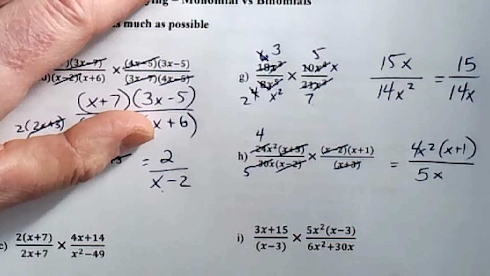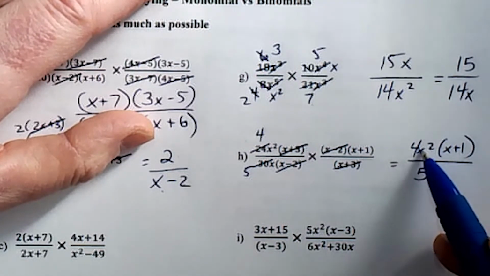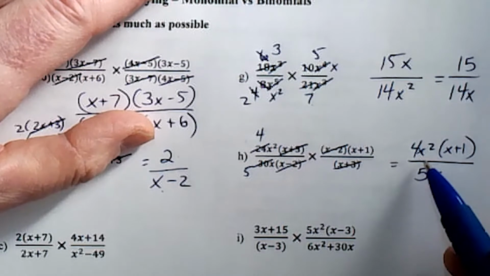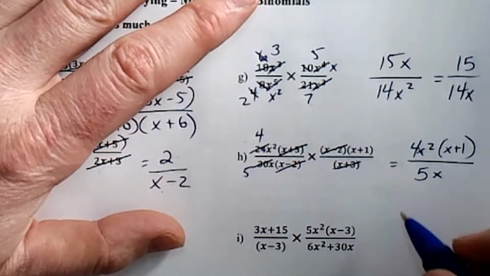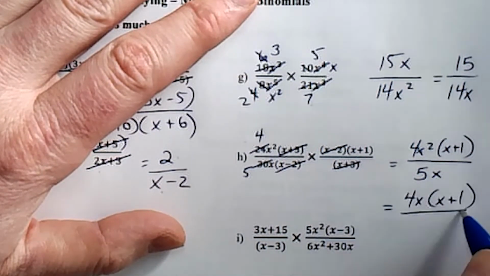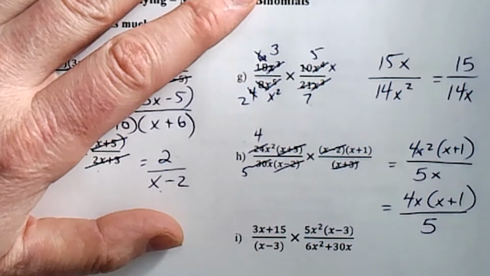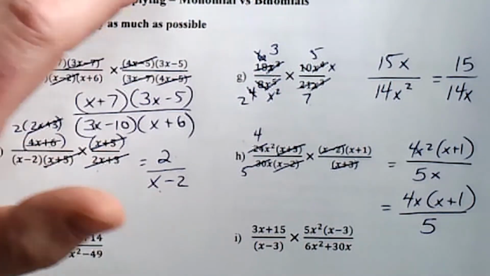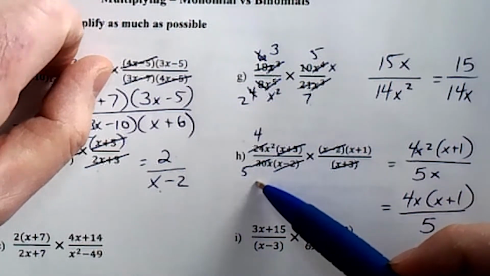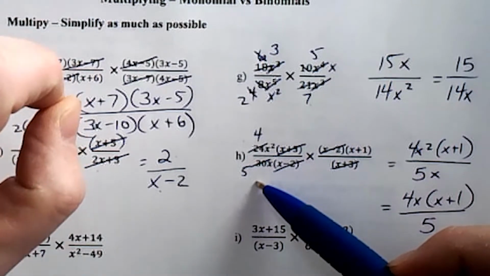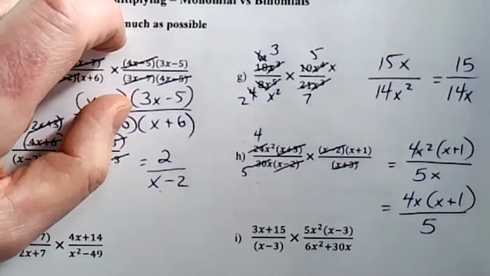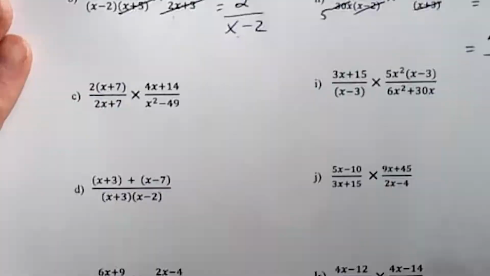And I just want to check one more time. I can see the x's can cancel as well. So I can take 1 x from top, 1 from bottom, and there we go, final answer. So remember, monomials with monomials, binomials with binomials. You can't mix the two.